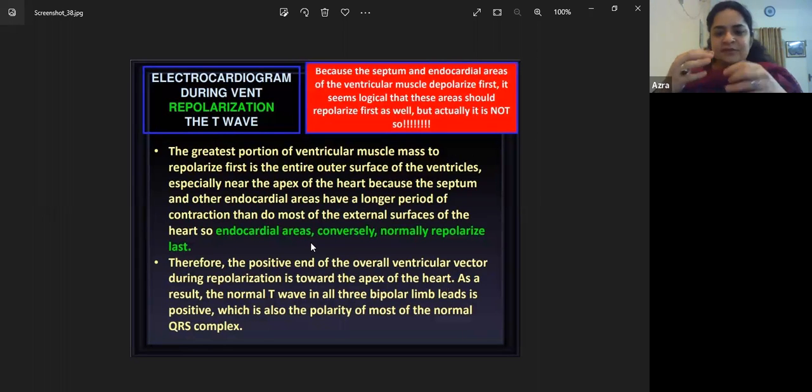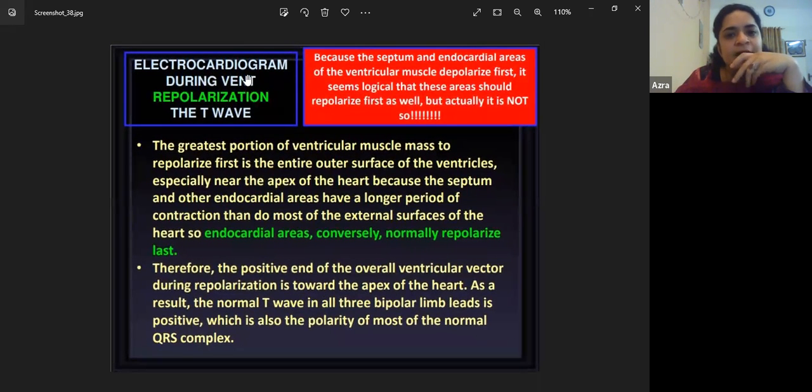Now next is the electrocardiogram, ECG, during ventricular repolarization, the T wave. That one was the depolarization and Q wave. Now here is the repolarization, the T wave.